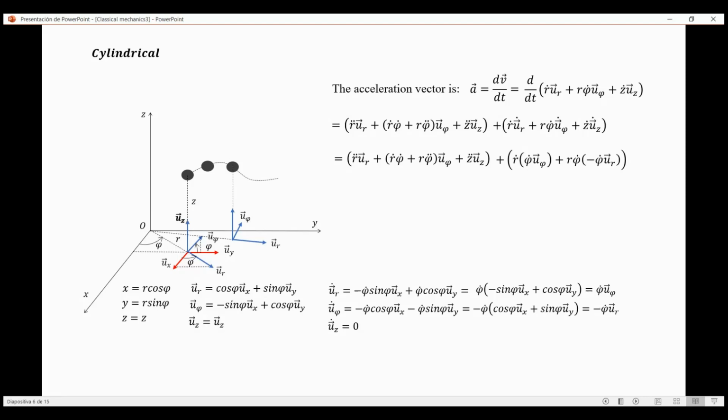We just substitute what we calculated before. ur dot is phi dot u phi, and u sub phi dot is simply minus phi dot ur. Grouping everything together in terms of ur, u phi, and uz, we get this expression here for the acceleration in cylindrical coordinates.